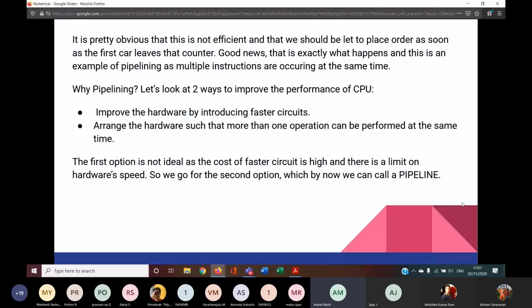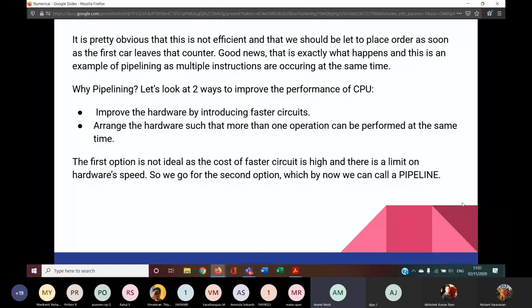So there are two ways to improve the performance of a CPU. One is that we improve the hardware by making the circuits faster. The other is to arrange the hardware in such a way that more instructions, more operations can be performed at the same time. Now, the first option has come a long way.